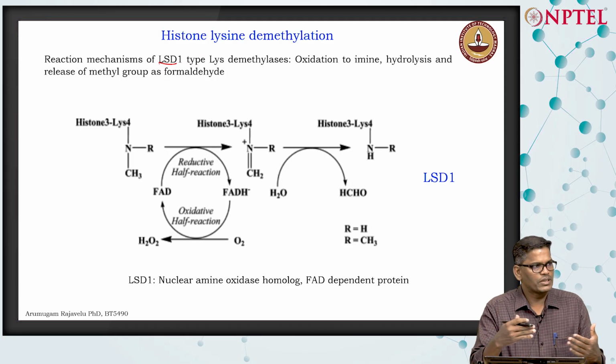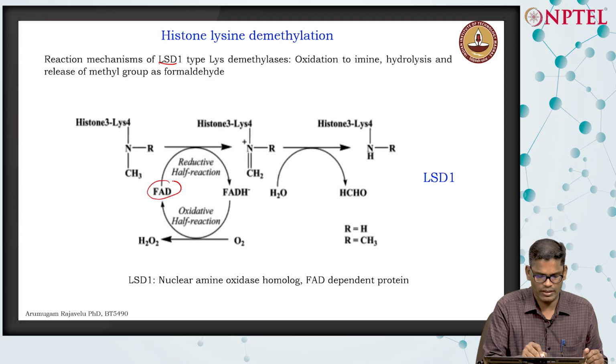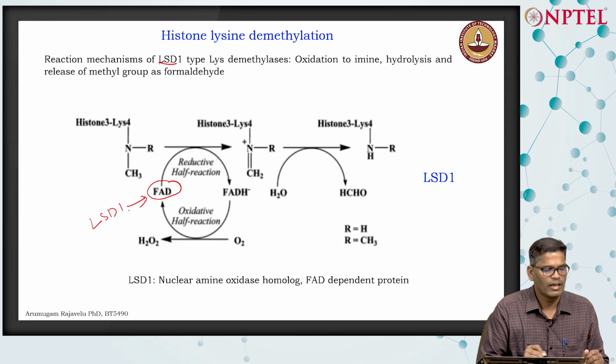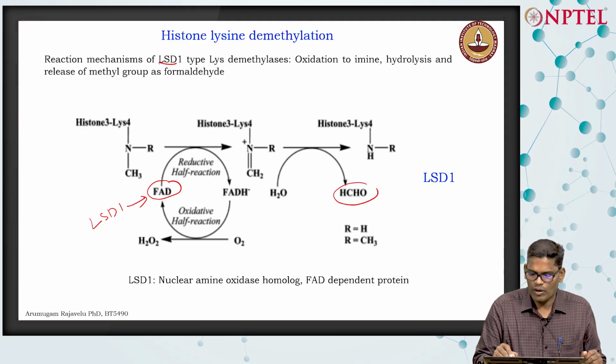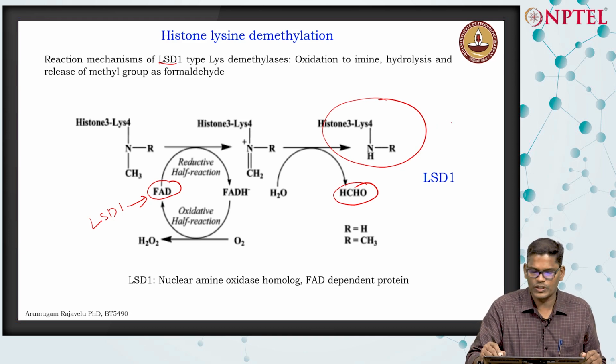Whereas the lysine-specific demethylases, LSD1 and the Jumonji family, use different cofactors. LSD uses FAD as a cofactor basically. LSD is a family of proteins which primarily use FAD as a cofactor. Then it releases formaldehyde as a byproduct, and then it produces lysine, histone 3 lysine 4, Me0 mark.